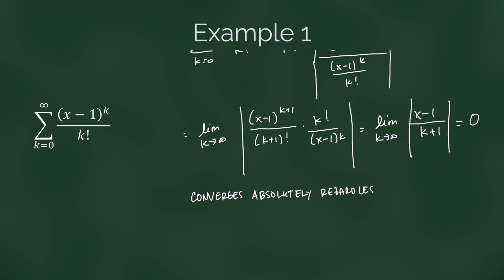When that happens, that means that you have an infinite radius of convergence. Our radius of convergence, r, is infinity, and our interval of convergence is going to be negative infinity to infinity.